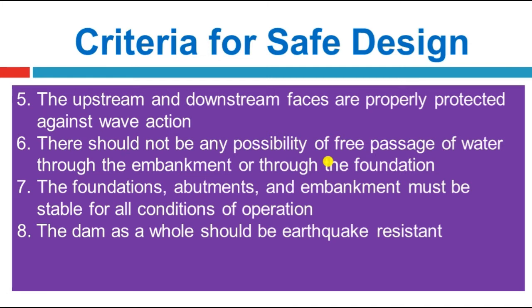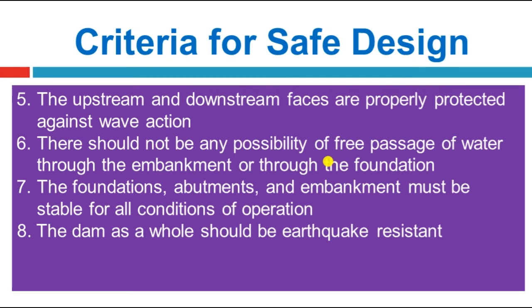Criteria for safe design. How can we design a dam so that it acts safely? There are mainly four criteria: non-overtopping, no seepage failure, no structural failure, and slope protection and other remedial measures.